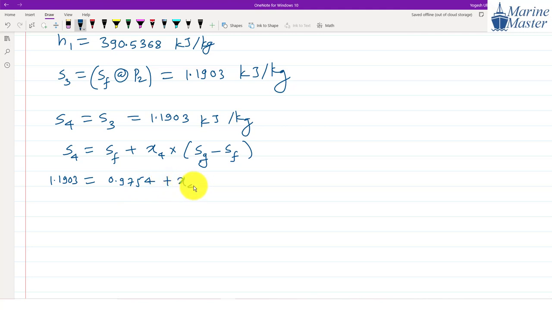We have to find out X4. And then we need SG. SG is 1.7294, and SF is 0.9754, guys. Check your values. And if you do the calculation, guys, we get the value of X4. Please everyone do this calculation.